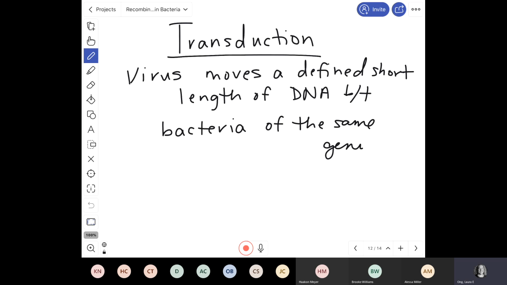They have to be related. So there's a lot of requirements here. You've got to have a virus. There's limits on how big of a piece of DNA could be moved. And it's got to go between bacteria of the same genus. But it's one of the three major ways.